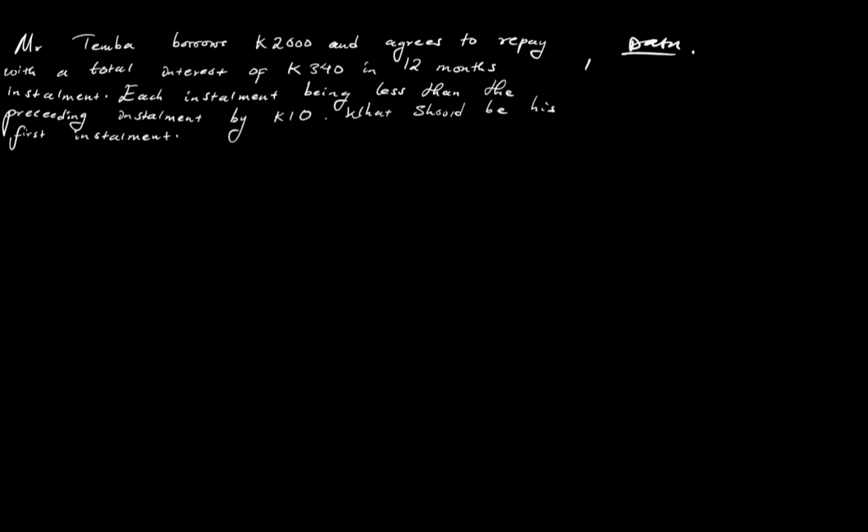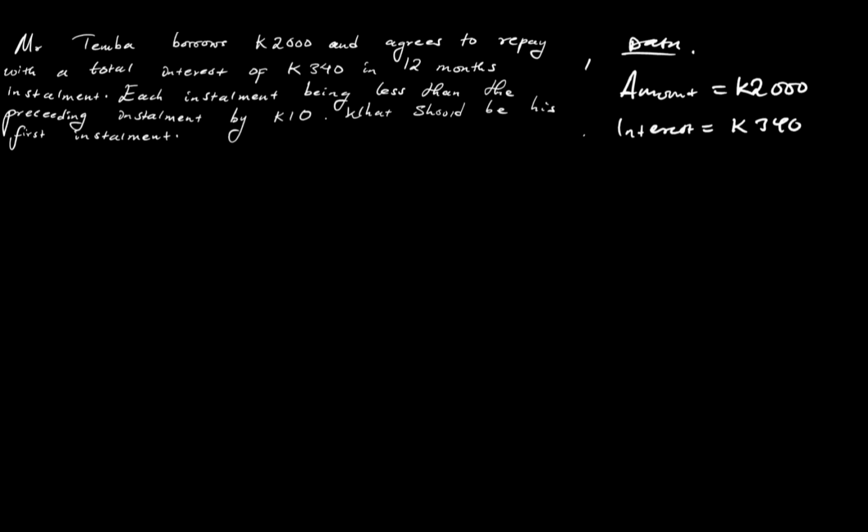So Mr. Ntemba borrows 2,000. So let's get the amount borrowed. So amount is 2,000 kwacha. Now, the interest that he's going to be putting is going to be about 340 kwacha.